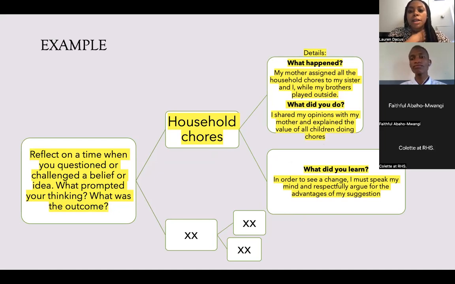My mother assigned all of the household chores to my sister and I while my brothers played outside. What did I do? I shared my opinions with my mother and explained the value of all children doing the chores, not just the girls. What did I learn? I learned that in order to see a change, I must speak my mind and respectfully argue for the advantages of my suggestion.